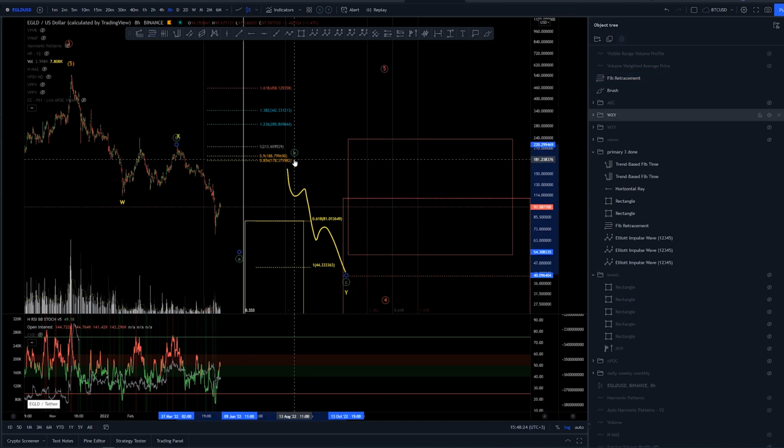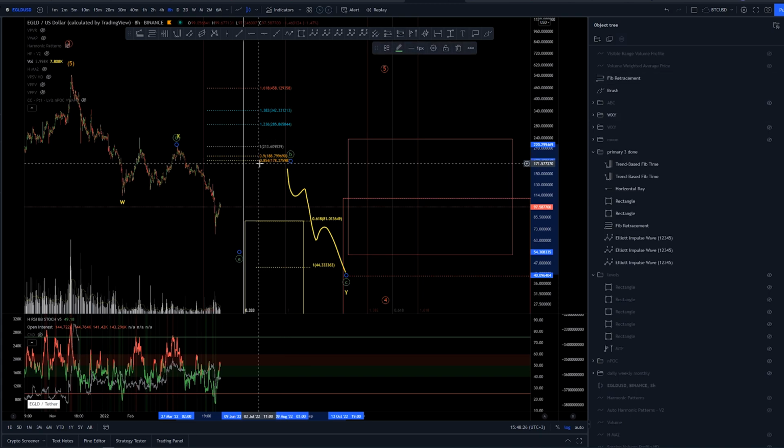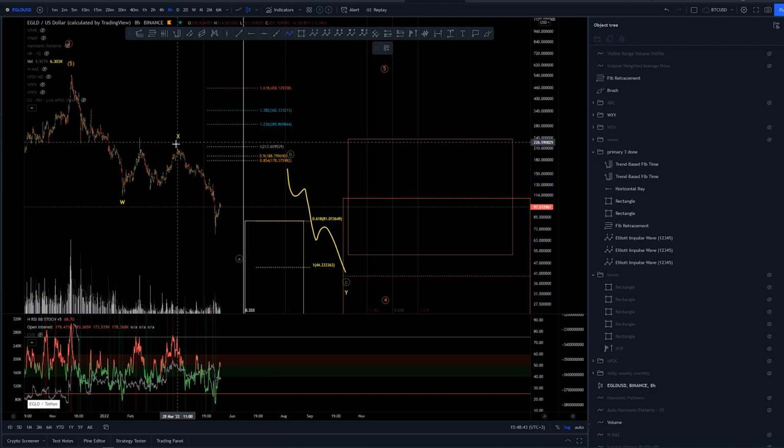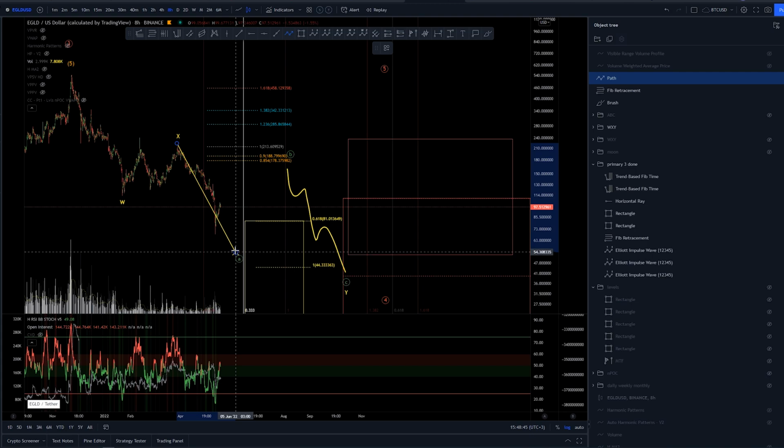We would need the B wave to end before the 85.4 retracement of this first move, at which point we would again say that this whole structure is invalidated, as this looks more like a 5-wave structure than a 3-wave structure, because for a zigzag that we are expecting with a 5-wave structure here, we need 3 waves here that doesn't come up to this area here.